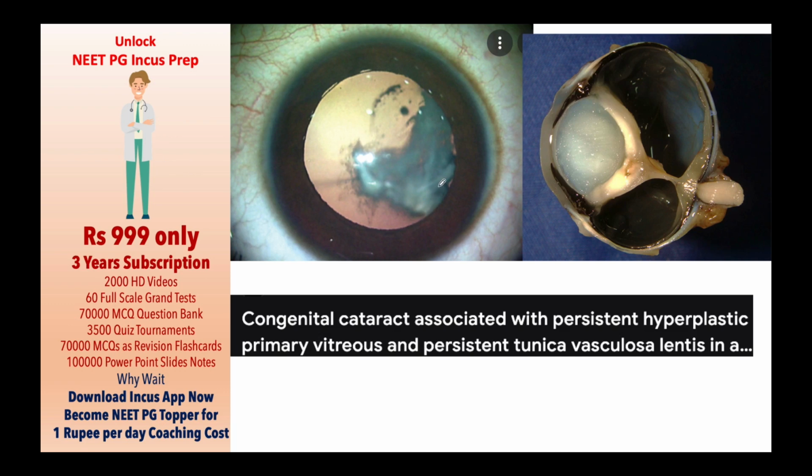What you are able to see is a congenital cataract with a persistent hyperplastic primary vitreous. This is how grossly a persistent hyperplastic vitreous looks like.